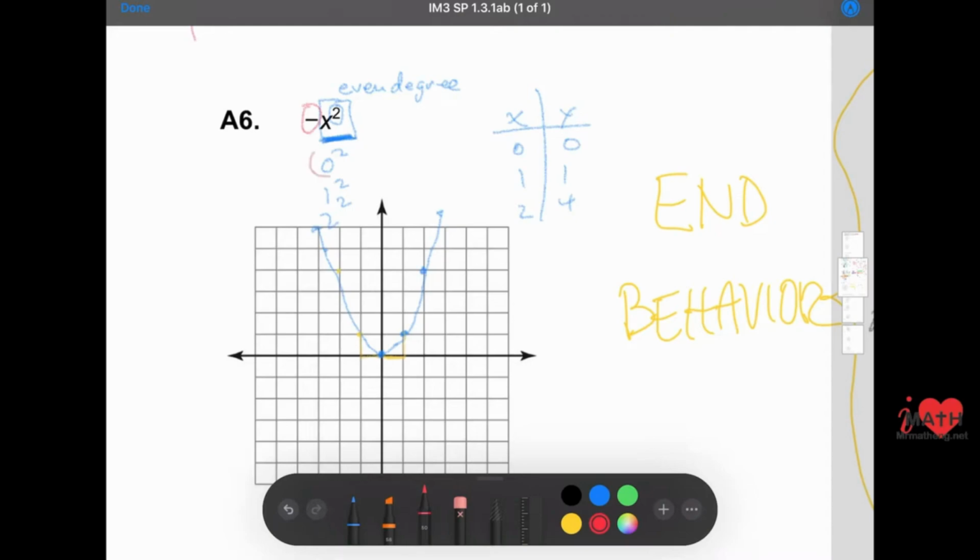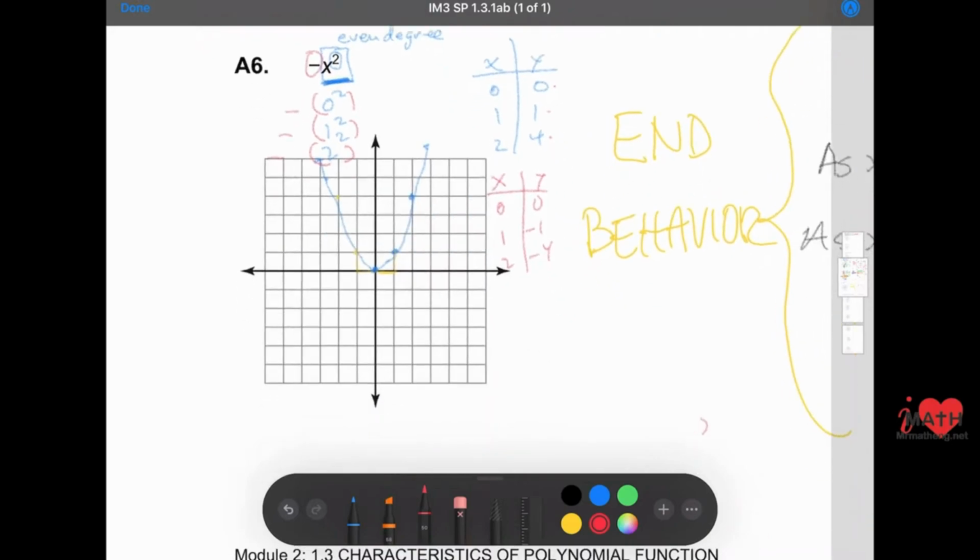Whatever your answer was, you just take the negative of that. So the opposite of 0 is 0, the opposite of 1 is negative 1, and the opposite of 4 is negative 4. So let's go ahead and graph that: 0, 0, 1, negative 1, 2, negative 4.